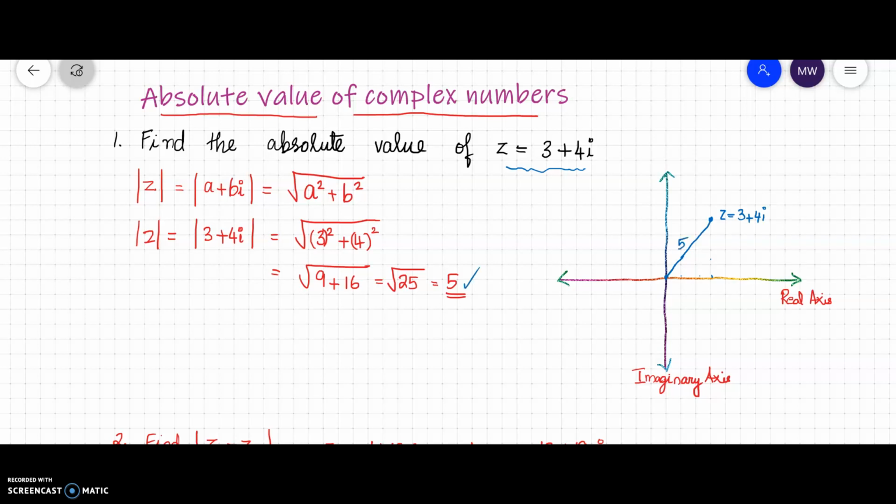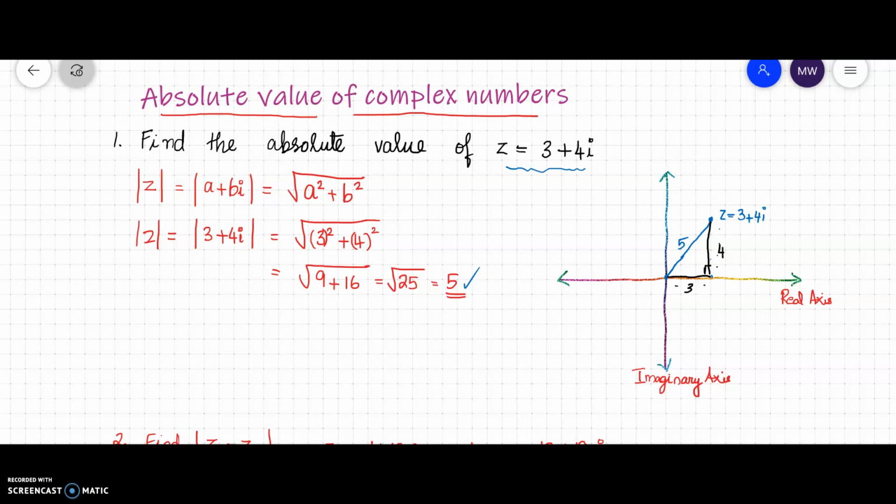This distance is 5. You can also do this problem by applying the Pythagorean formula, because if you complete this triangle, it becomes a right triangle, and this length is 3, which is the real part, and this length, 1, 2, 3, 4, is the imaginary part.